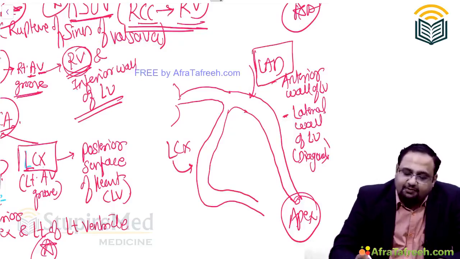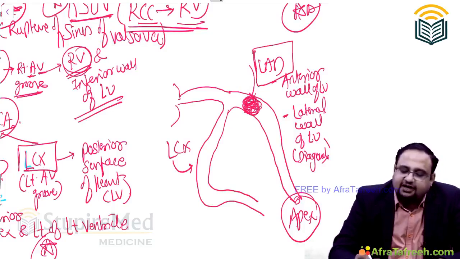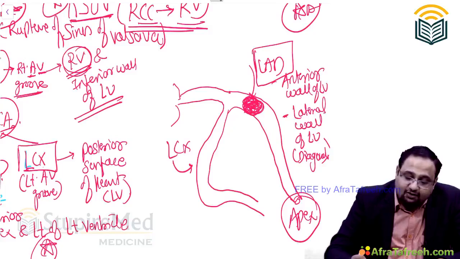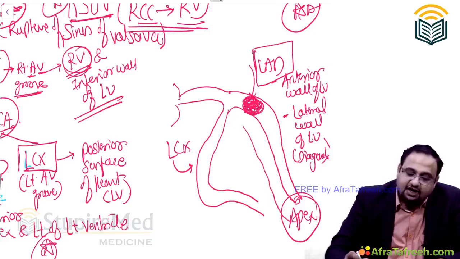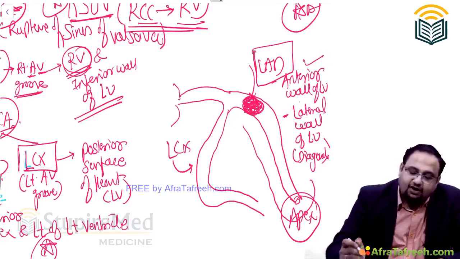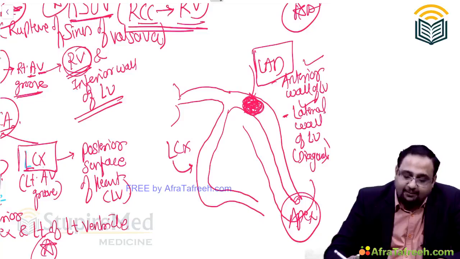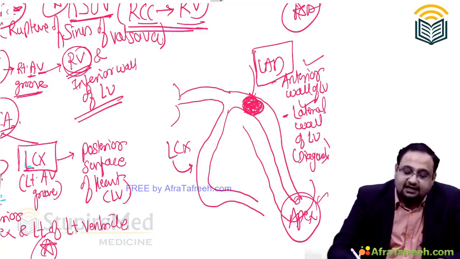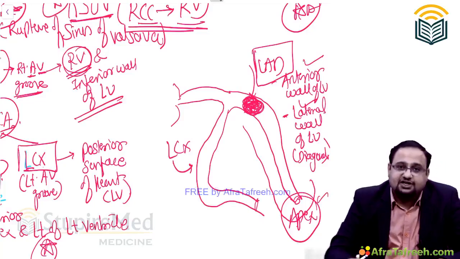If a blockage happens here, like this, it's called a proximal left anterior descending artery block, and you will have a massive myocardial infarction, which will compromise the anterior wall of the left ventricle, the lateral wall of the left ventricle, and also the apex. This will result in the sudden death of many patients.